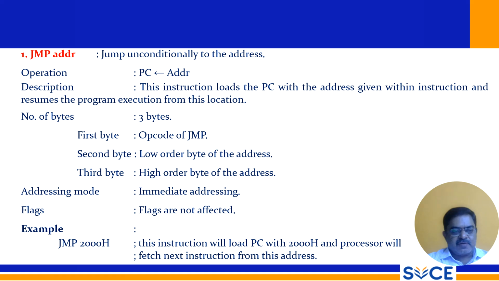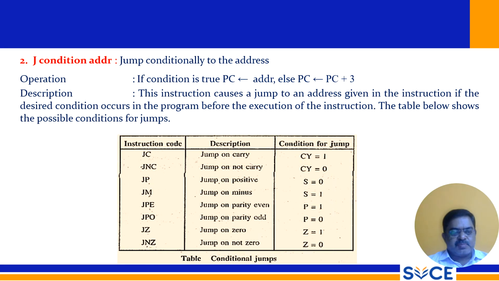Then we have jump conditional address. It jumps conditionally to the address. If the condition is true, the address will be stored in the program counter. Else it will skip that and go to the next instruction, that is PC plus 3.